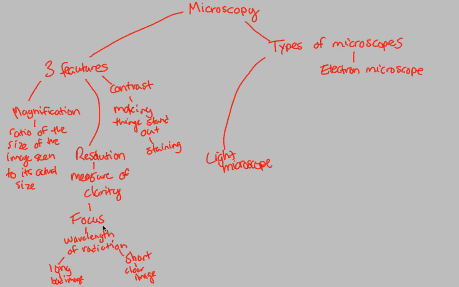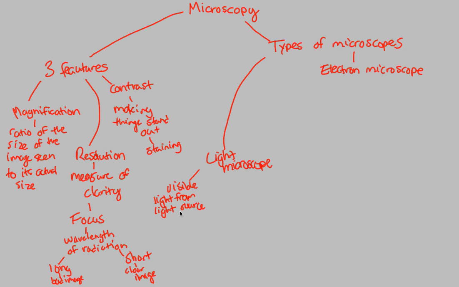So what is a light microscope to begin with? Simply speaking, it takes visible light from a light source, like a light bulb within the light microscope. And what does it do with it?